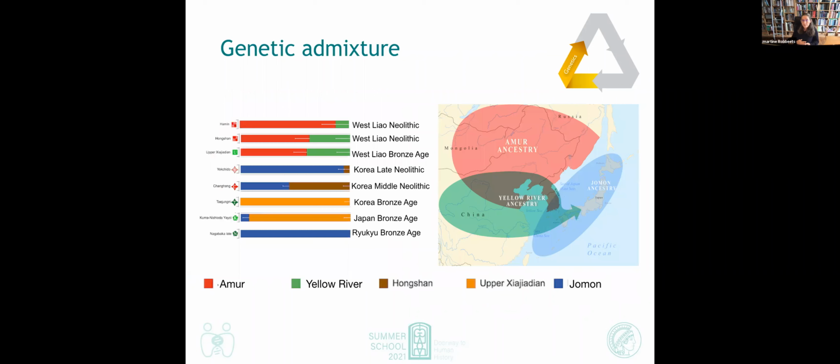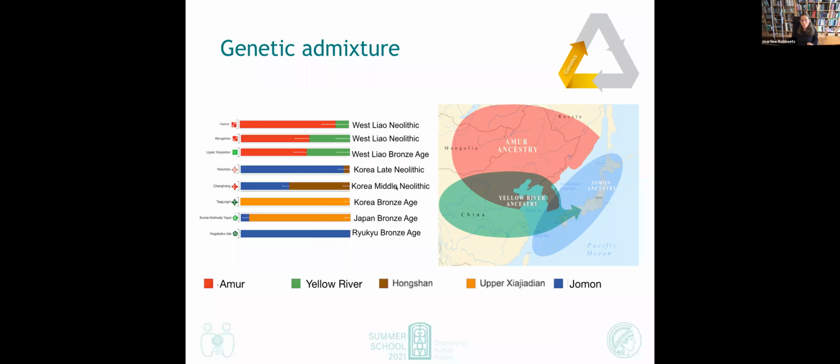And then focusing on Korea and Japan, we were the first to report ancient genomes from the Korean Peninsula. Surprisingly, we found that some of the Korean genomes in the late Neolithic had a lot of blue, so they looked a lot like Japanese Jomon genomes.